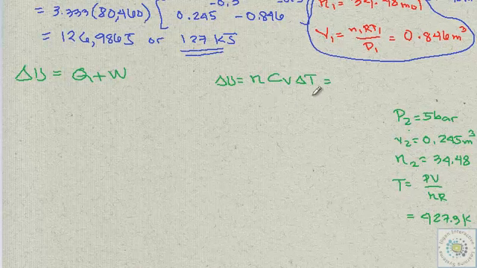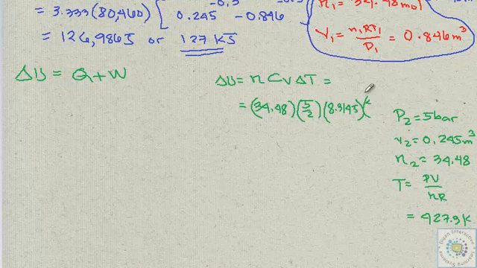Okay, so I think we can then solve for delta U, right? Number of moles, we have 34.48. What is CV? In this case, air is diatomic, so we can simply use 5 halves R, where R is 8.3145. Delta T will be T final, 427.3.